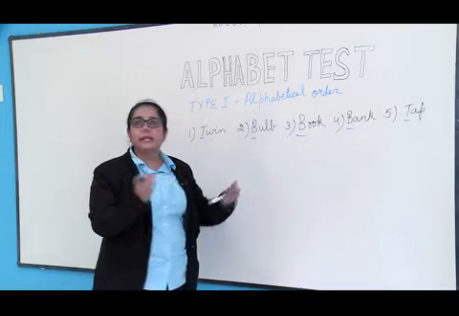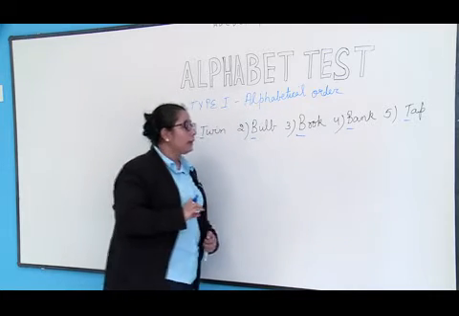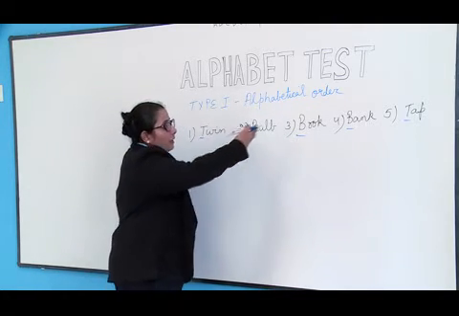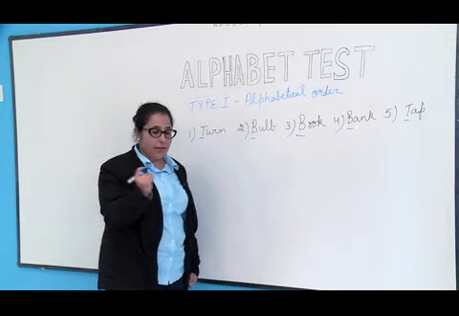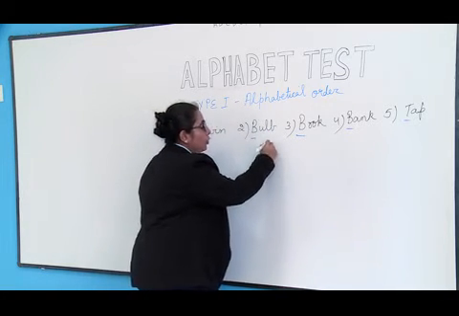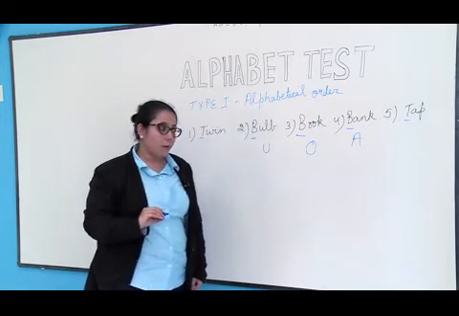So definitely B comes before T. So we'll see 3 words which begin with the letter B. So now we'll see from the second letter, as each word begins with the same letter. Now the second letters are U, O and A respectively, right?